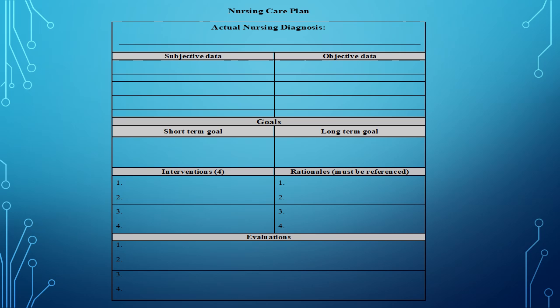Rationales certainly now while you are students and for the purposes of graded care plans, the interventions that you choose should have a rationale that references the resource for that information. Because you're not doing this intervention off the top of your head or by the seat of your pants.